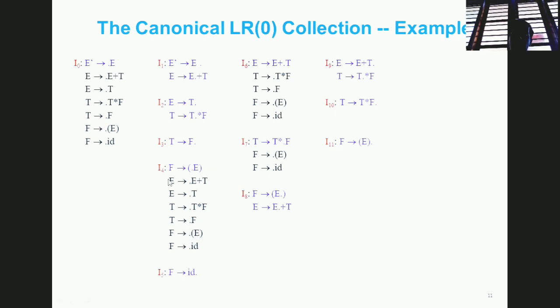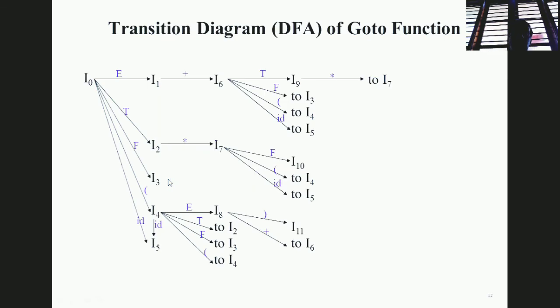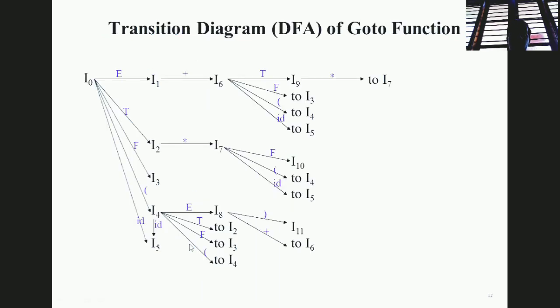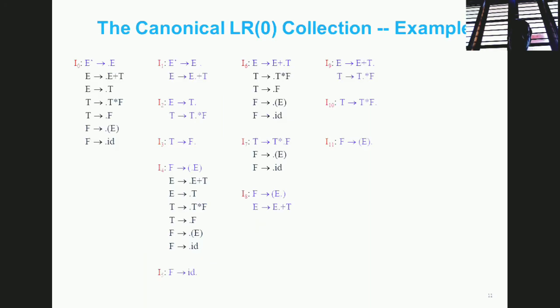It is the same as I4, so we are not going to create a new state. Similarly, F tends to ID dot. F tends to ID dot is nothing but your I5. So I5 already exists, and you need not add any more states. What you need to do is, from I4 on F, it goes to the same state, and I4 on ID, it goes to the state I5.